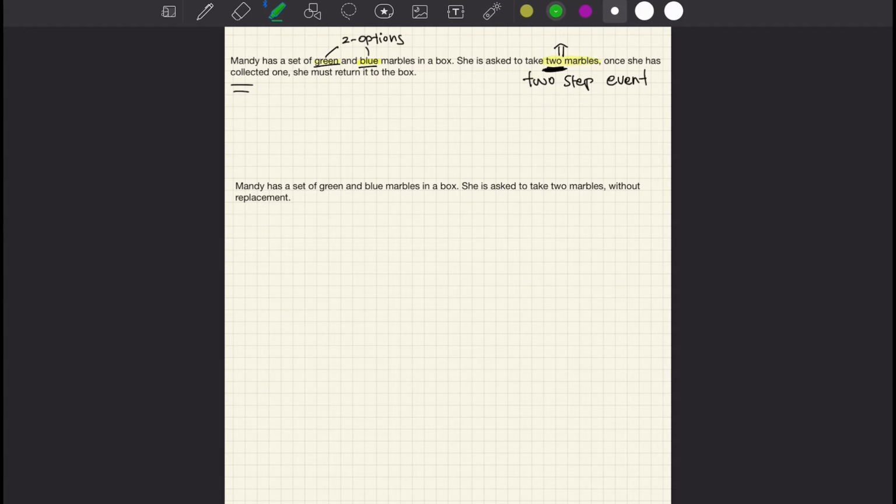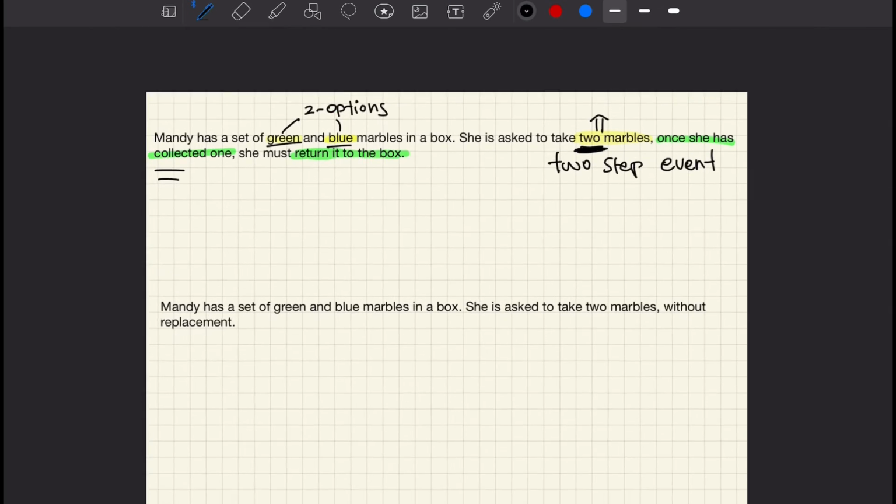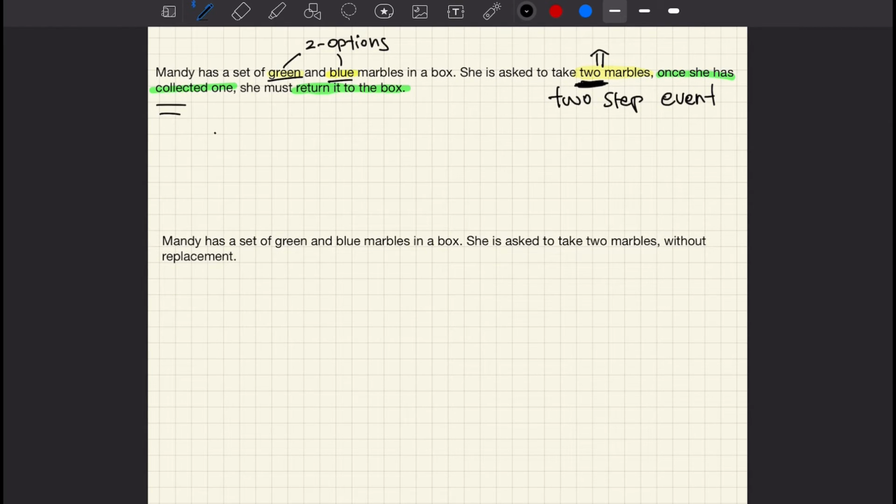Now, this next part is quite important. Once she has collected one, she must return it to the box. So we're returning a marble once we've collected it. So once we collect two marbles, there is an equal chance of getting the same color marble on the first step as the second. The reason is that I pick out a green marble, let's say, and I put it back.